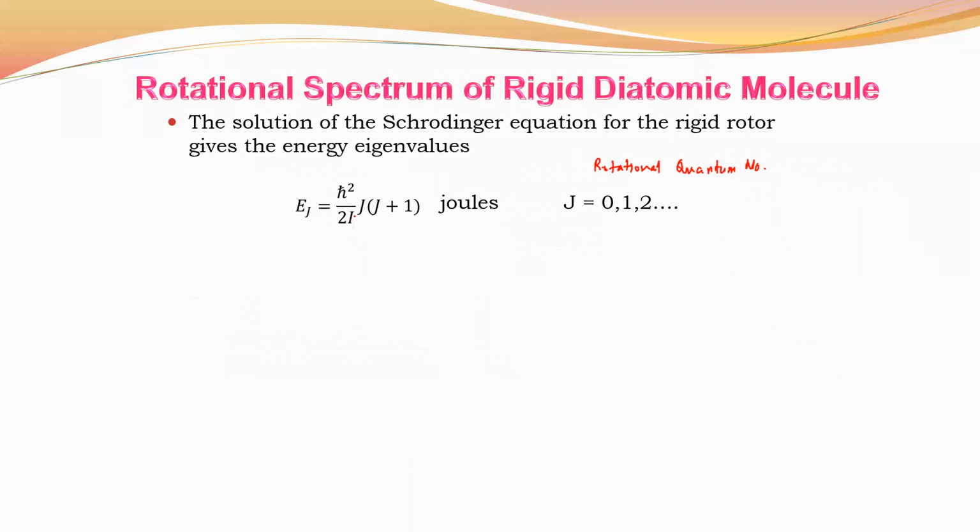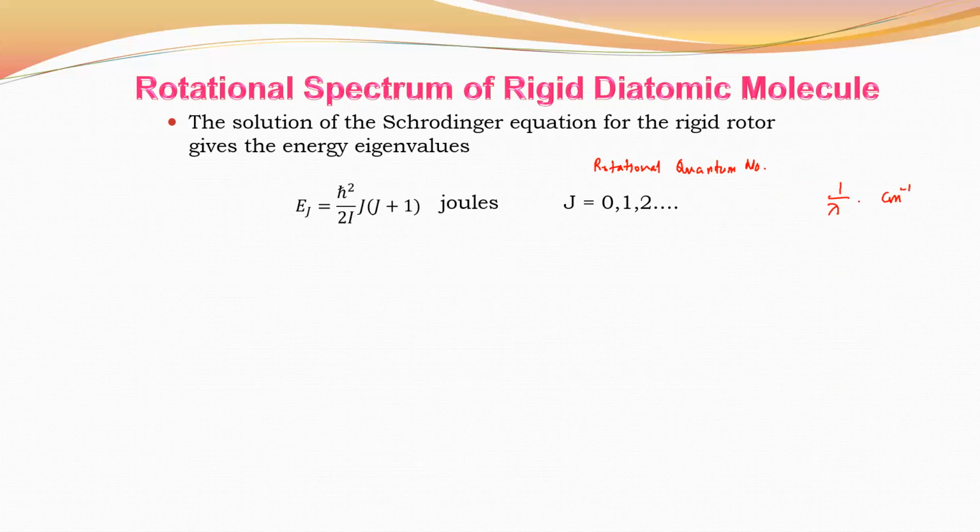Then we know that in spectroscopy, we can express the energy in terms of wave number, which is 1 by lambda in centimeter inverse.